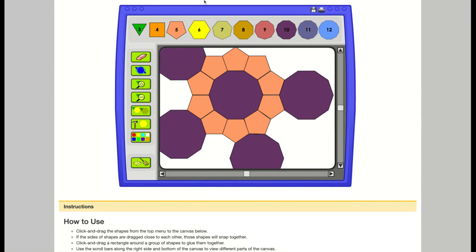So let me now define semi-regular tiling for you. I defined it in words already, but I'll do it in writing as well.